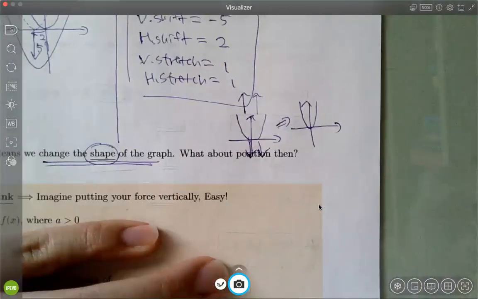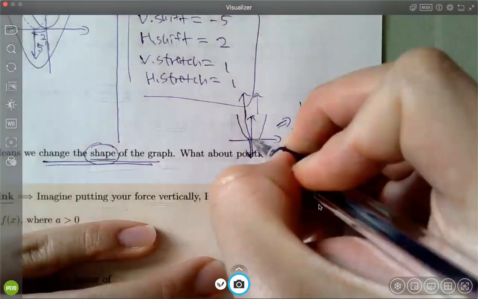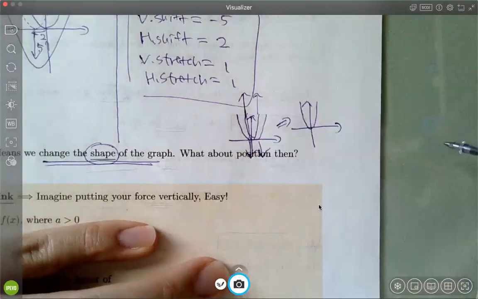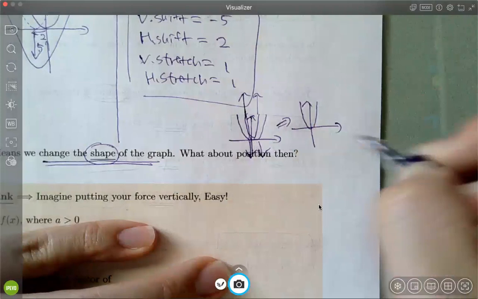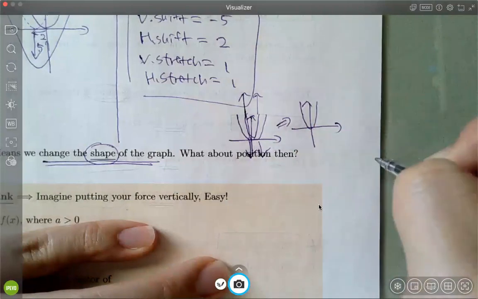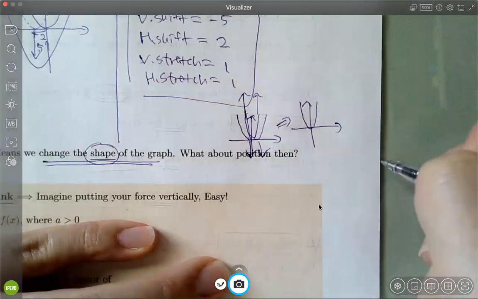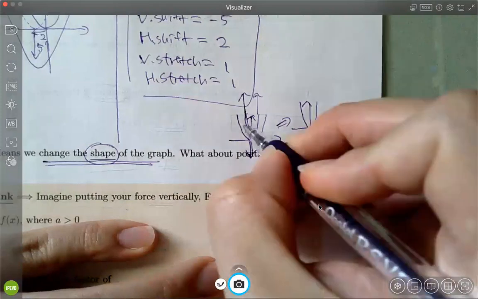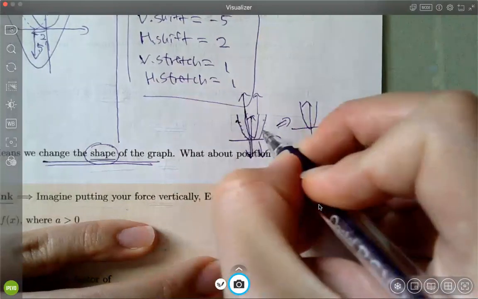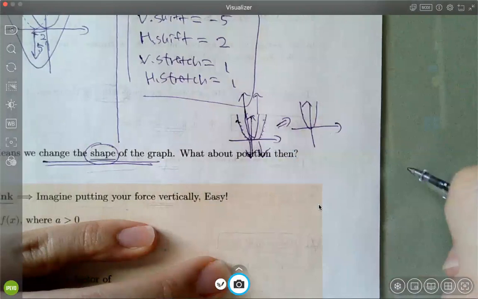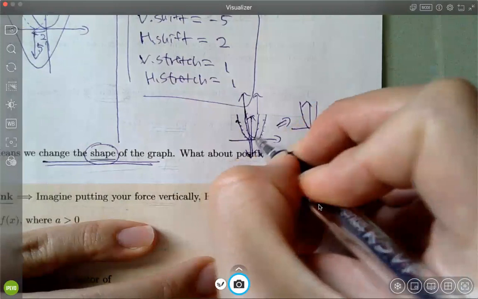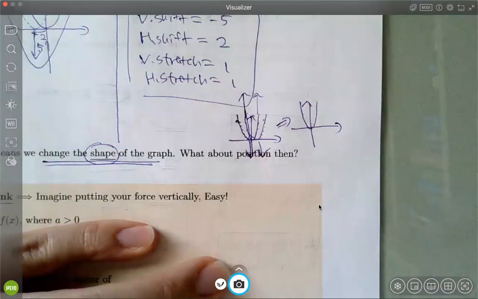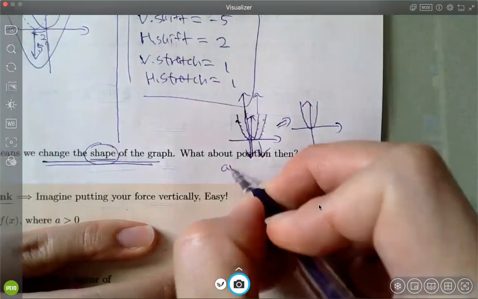On the same xy plane, it looks like this. What do you notice about the position? In particular, the position of the origin doesn't change. The anchor point, or the vertex, stays the same. But what about the position of these points? Do they change? Yes, because these will be moved to here and here. So what can you say about the position in general? It's automatically changed.